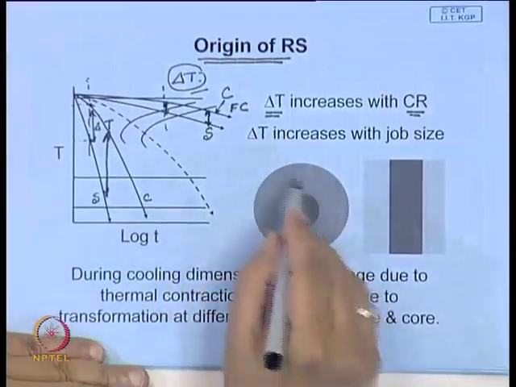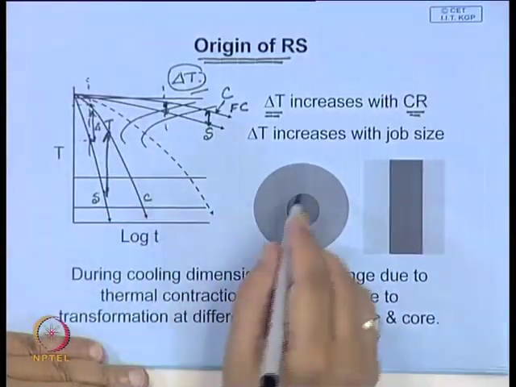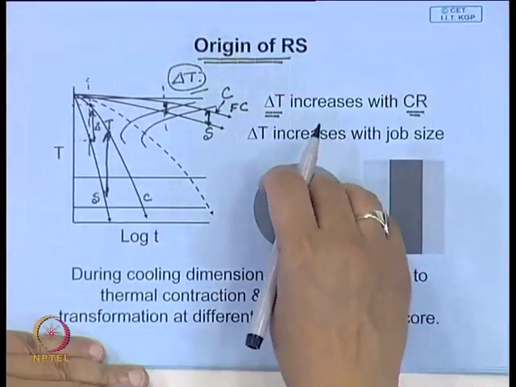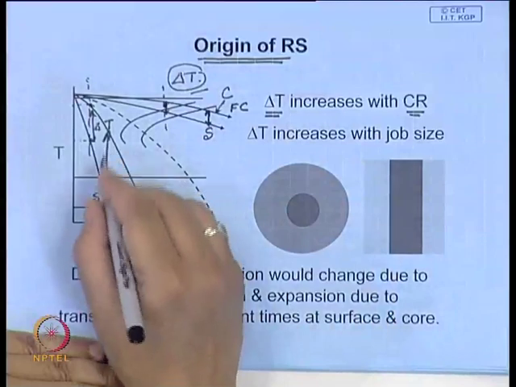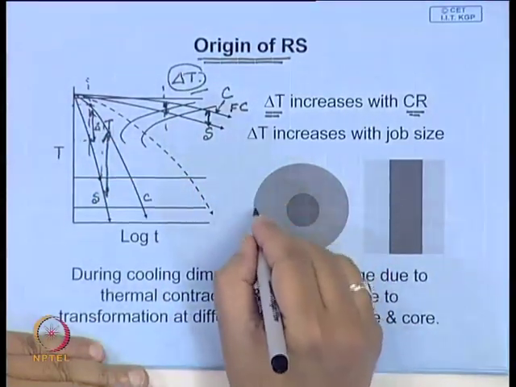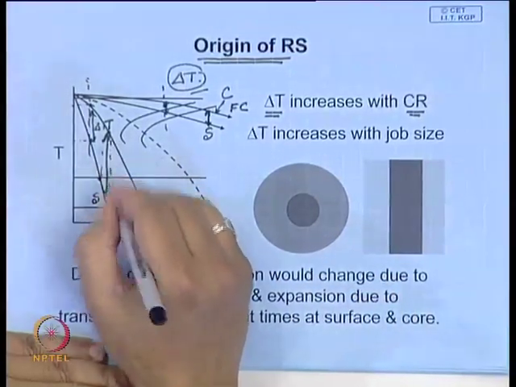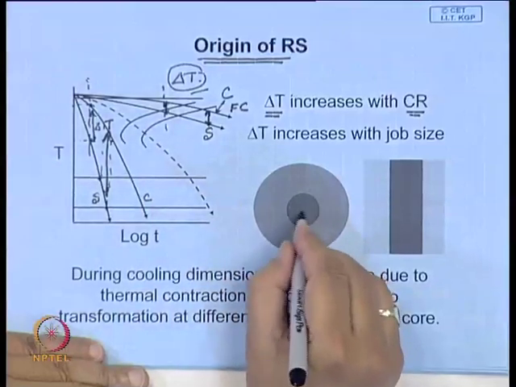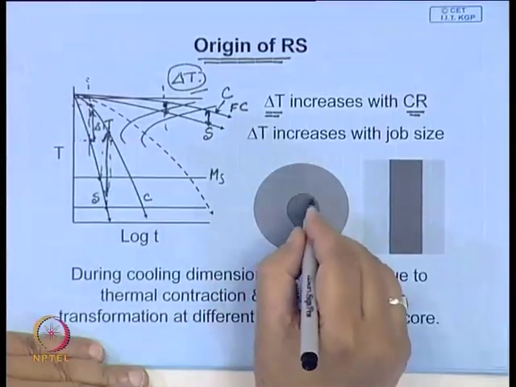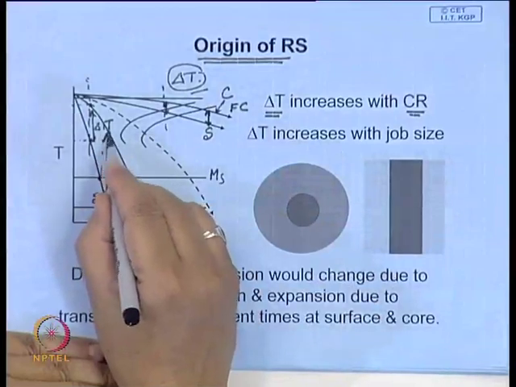And if we assume that transformation stress is much more critical, you will be able to show easily that here is where the martensite transformation starts. Here the transformation has already started, and as you cool down, the center temperature is still much higher than the Ms temperature. So, here the transformation has not started yet, and its strength is lower.